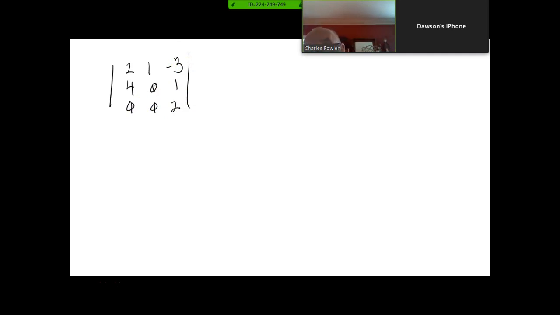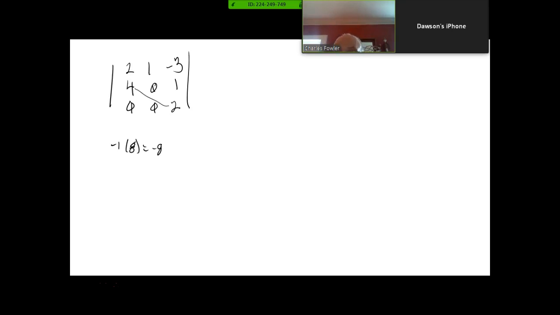Now you could do that relatively easily by using, say, the middle row or the last column, the middle column or the last row. Just by doing that, this would be a minus 1 times 8, which would be a minus 8, because that gives you a 0. That's not too hard to do.